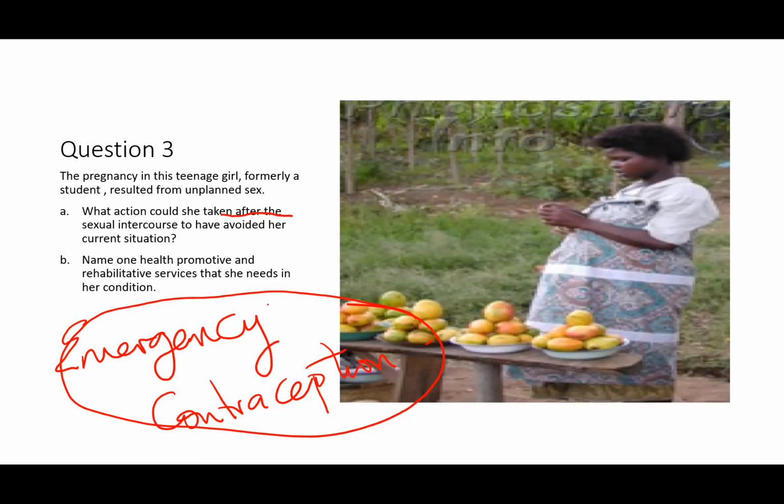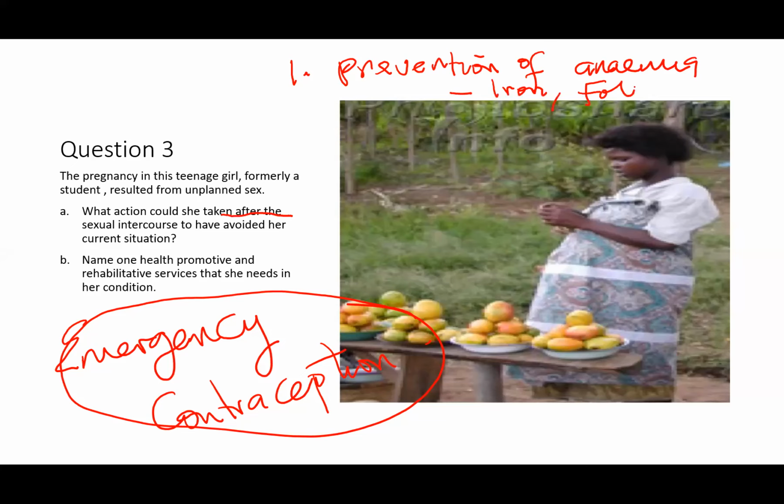Then you encourage good personal hygiene. So health promotive measures: one, prevention of anemia by giving iron supplement and folic acid.